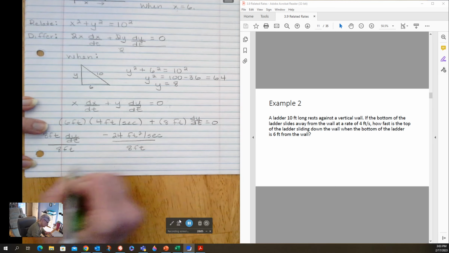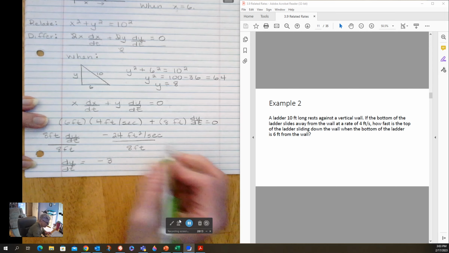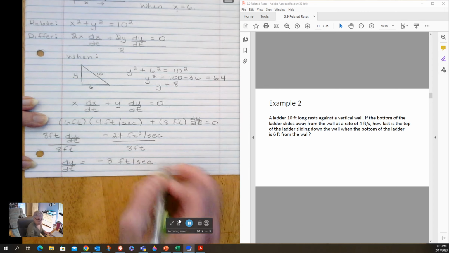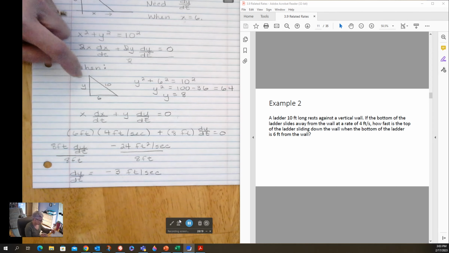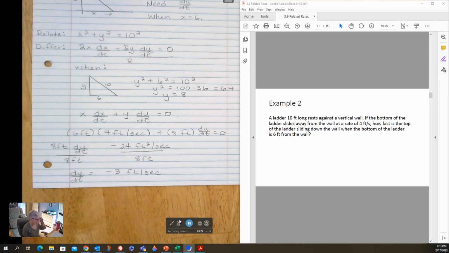So dy/dt is negative 3. I have square feet on top, feet on the bottom, feet per second. And since y is just the distance this ladder is up the wall, those are appropriate units. We did everything right.